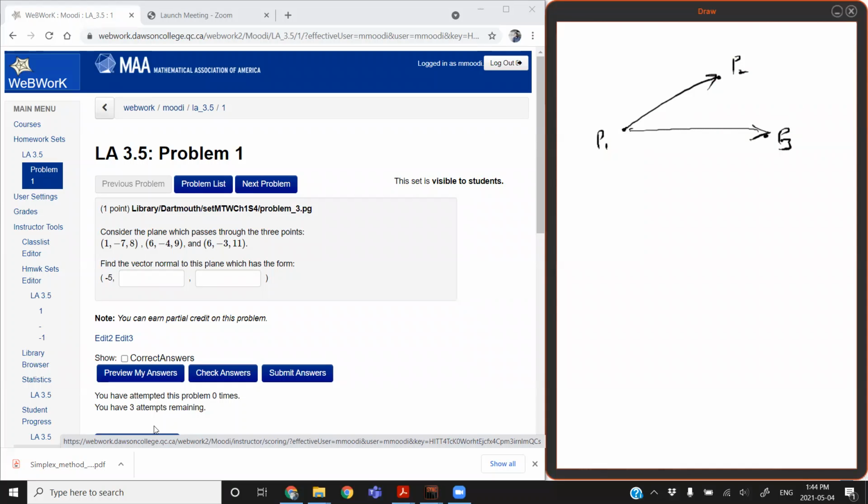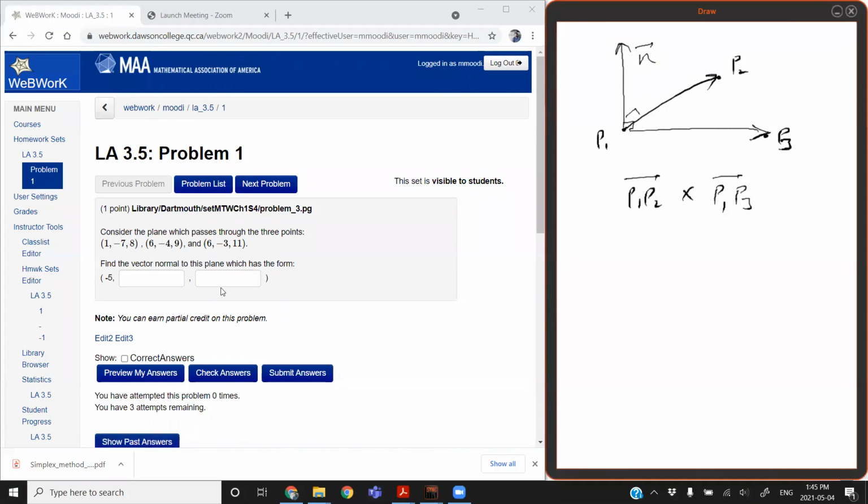Then if you cross these 2 vectors, you're going to get a vector that is orthogonal to both of them. So like this. That is orthogonal to P1P2 and orthogonal to P1P3. And that vector could serve as the normal vector for the plane. Is that clear?